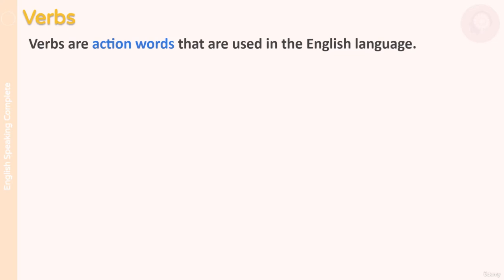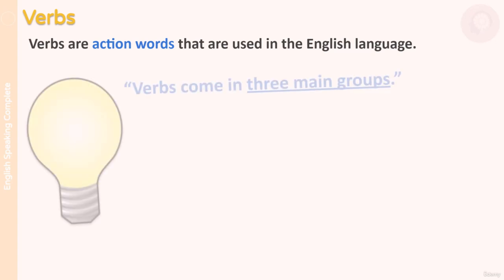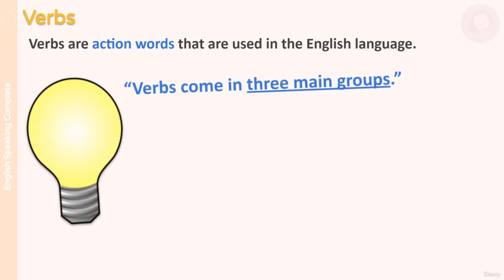So, as we all know, verbs are action words that are used in the English language as well as many other languages too. It goes without saying how important they are. Each verb can be separated into three main groups.